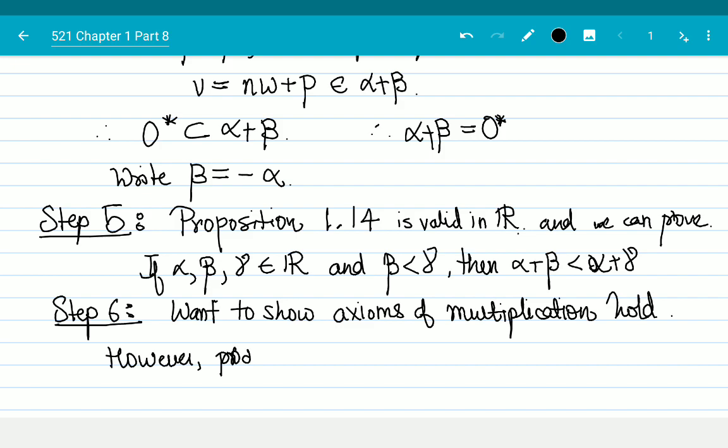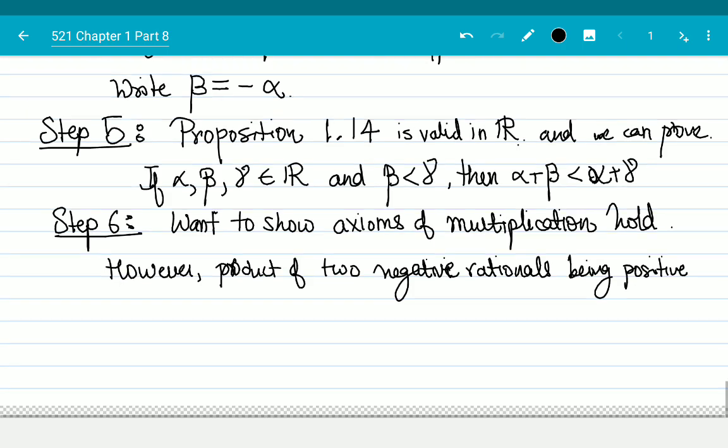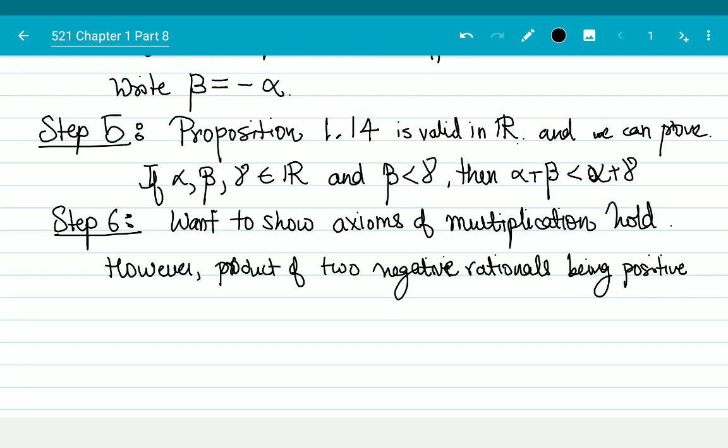However, the product of two negative rationals being positive makes it slightly more annoying, more cumbersome.